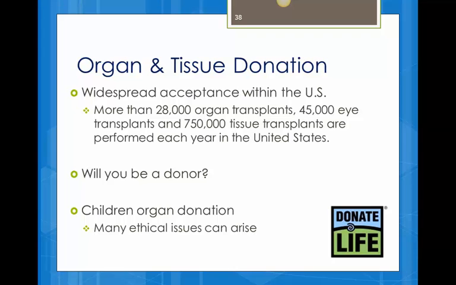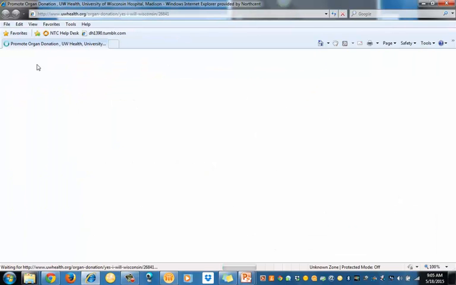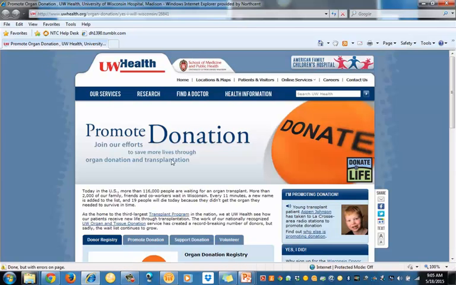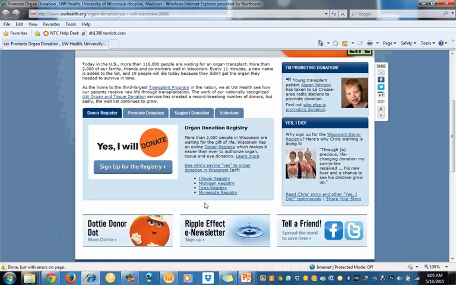And I strongly encourage you to go check out the OPO website. If you're on full view, you can click right onto this link here, and it will take you to the Organ Procurement Organization. In order to be an organ donor within Wisconsin, you really should sign up.